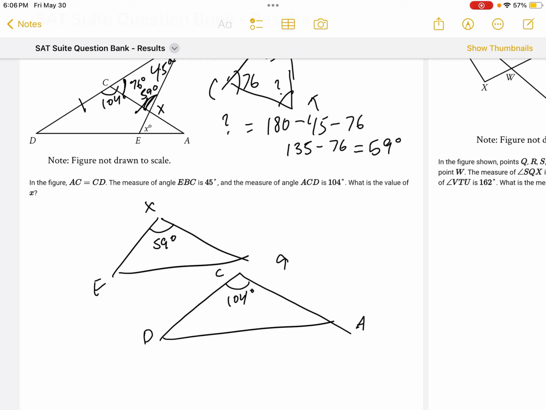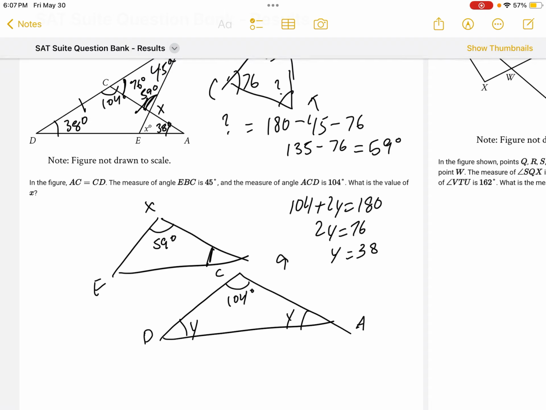And by the properties of isosceles triangles, the angles opposite the sides that are the same will be the same as well. So that means these two angles are the same. So if we call this angle Y and this angle Y, we know 104 plus 2Y is 180. 2Y is equal to 76. That means Y is equal to 38. So this angle is 38 degrees, and so is this angle.